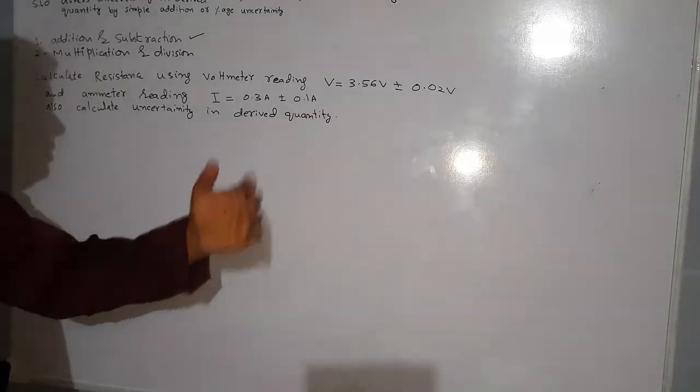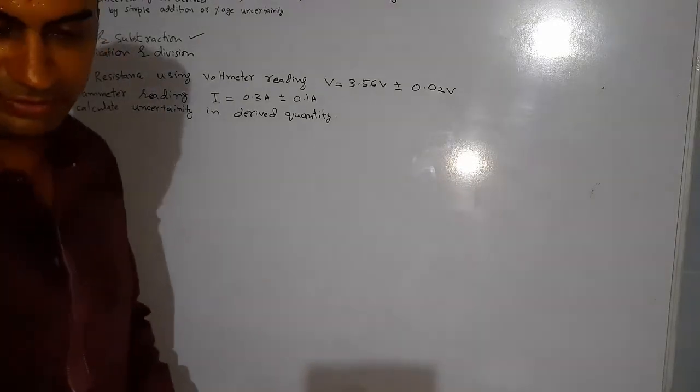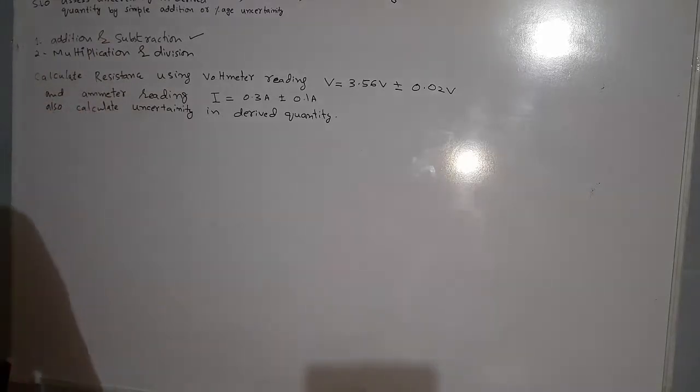We have to calculate uncertainty in the derived quantity. Now how are we going to calculate it? That is much easier. The question arises, what is the rule for multiplication and division?